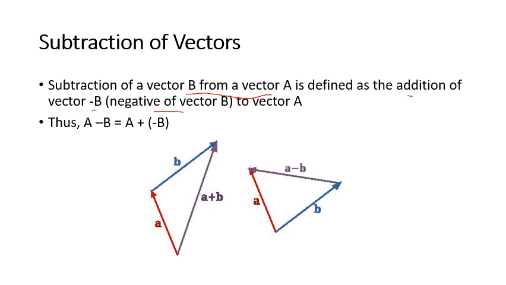So we can write a minus b is equal to a plus minus b. From this relationship you will get subtraction of 2 vectors.